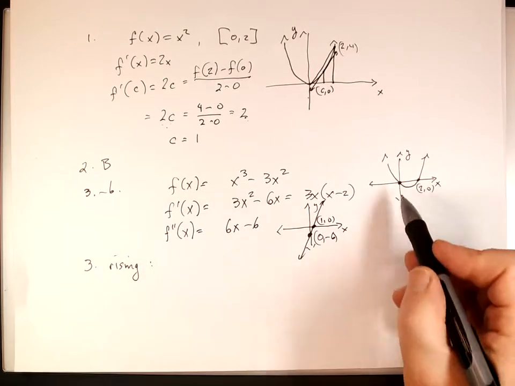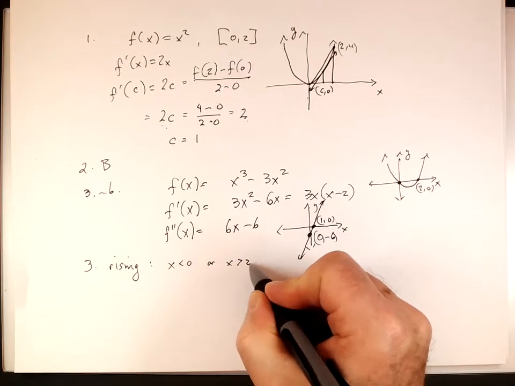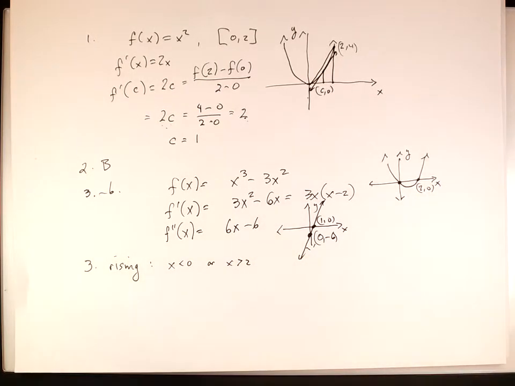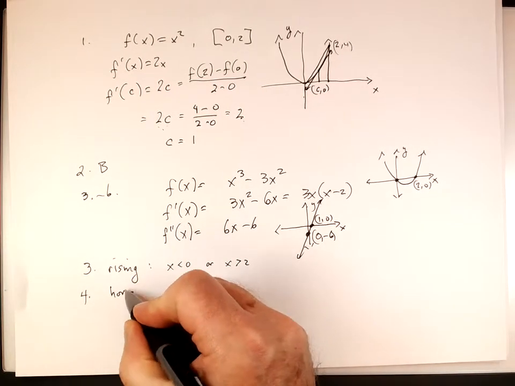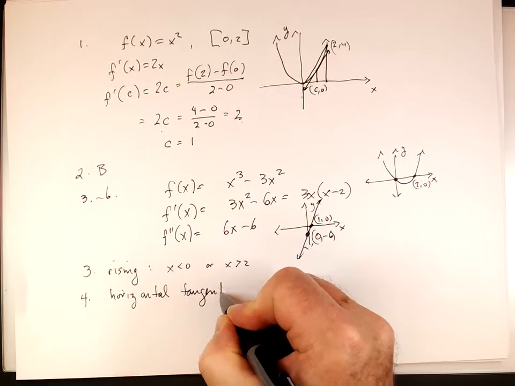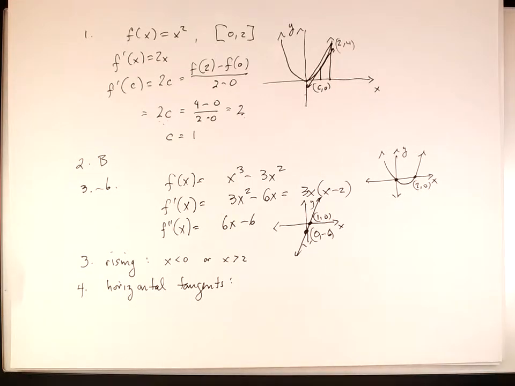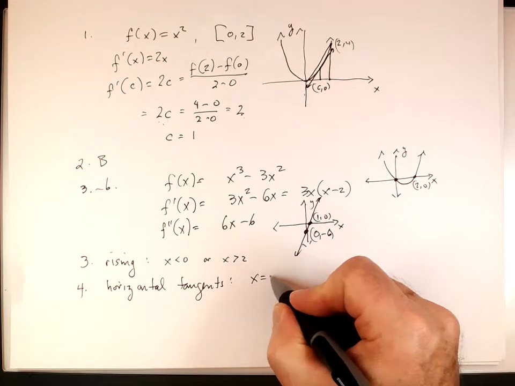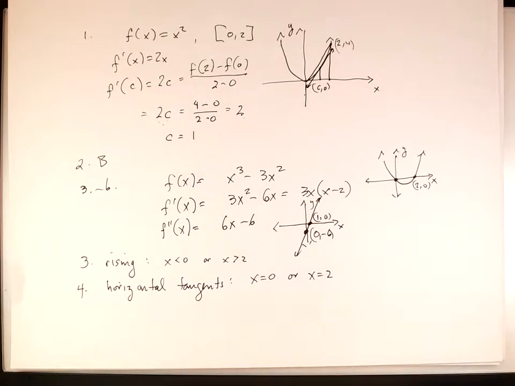The first derivative is positive when x is less than 0 or greater than 2. Okay? Horizontal tangents occur where the first derivative is equal to 0, at x equals 0 or x equals 2. We have horizontal tangents there.